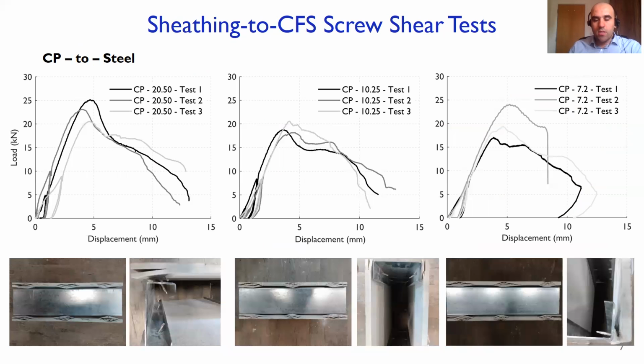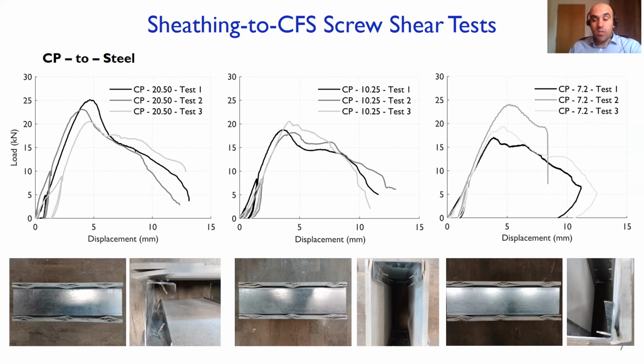And here are the results in terms of shear load versus displacement, as well as the typical failure modes witnessed during these tests of CP to steel assembly for different edge distances. We can see that the curves are comparable with an acceptable variation.